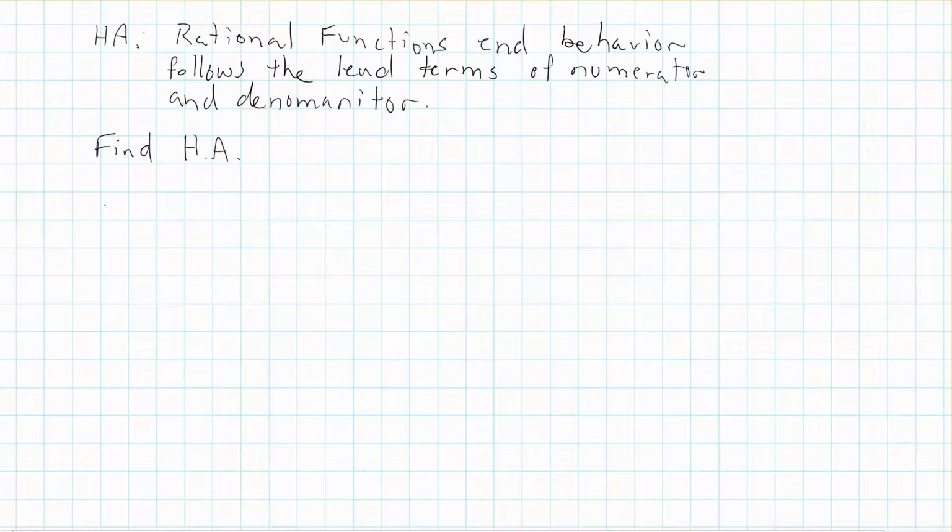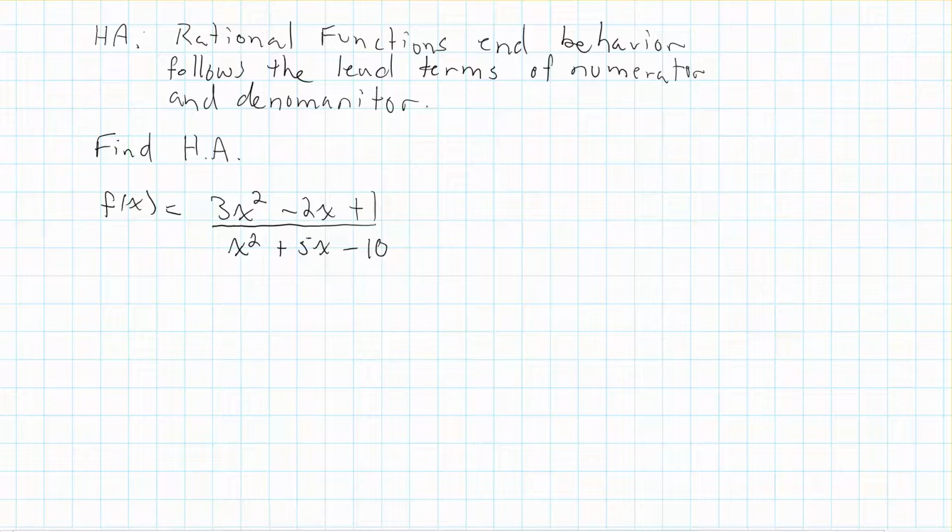All right, I suppose that should give us a function here. So let's look at f of x is equal to 3x squared minus 2x plus 1 over x squared plus 5x minus 10. And so if we're trying to find the horizontal asymptotes, I look at the two lead terms. Well, the lead term in the numerator is 3x squared, and the lead term in the denominator is just x squared.